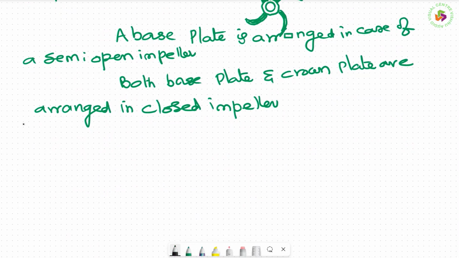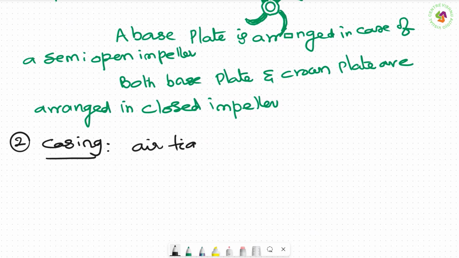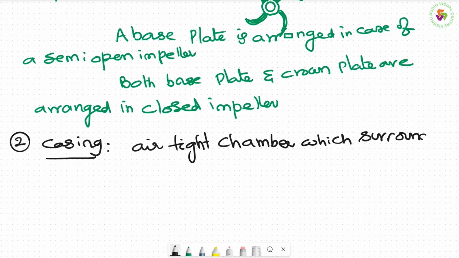Then the second component is the casing. The casing, which surrounds the impeller, is an airtight chamber.